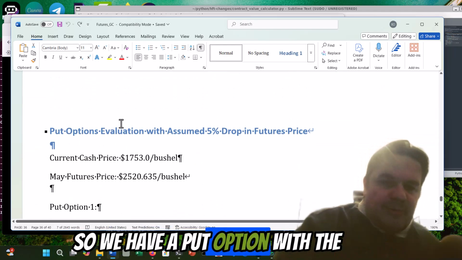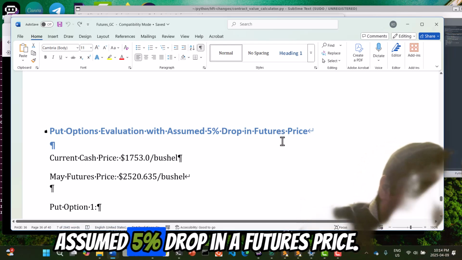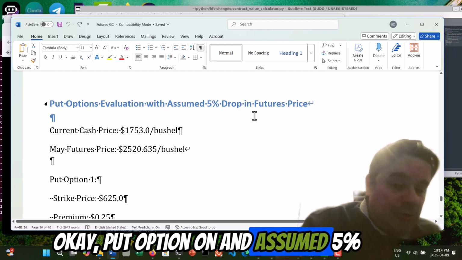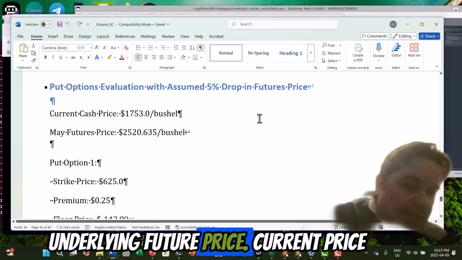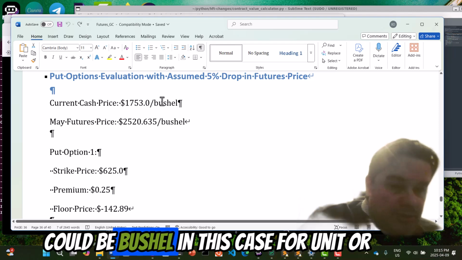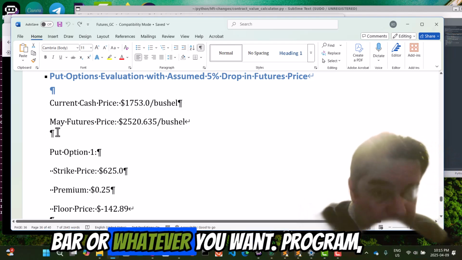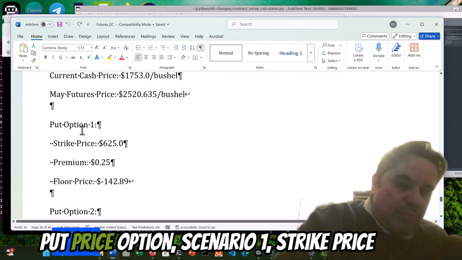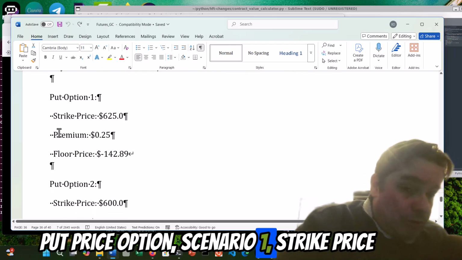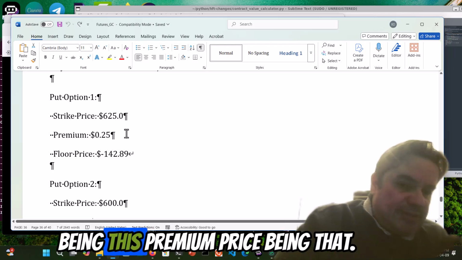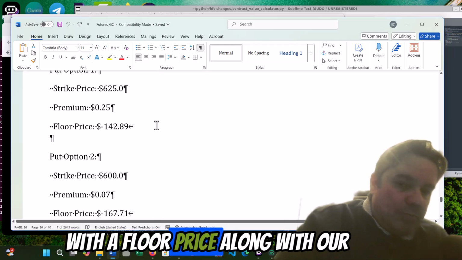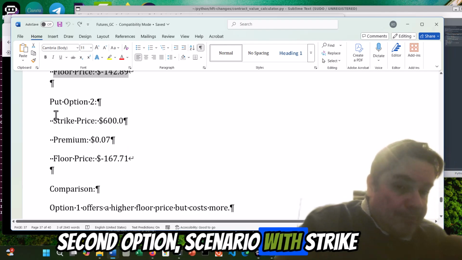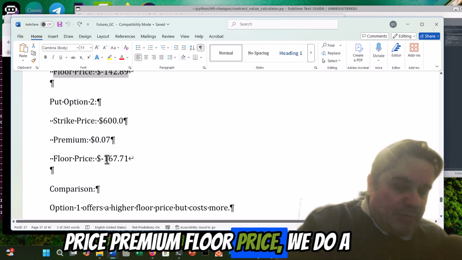So we have a put option with the assumed 5% drop in a futures price. Okay, put option on an assumed 5% drop in the underlying futures price. Current price could be per bushel, in this case, per unit, per barrel, whatever you want, per gram, whatever. May futures price with a put option price, scenario one, strike price being this, premium price being that, with a floor price, along with our second option scenario with strike price, premium, floor price.